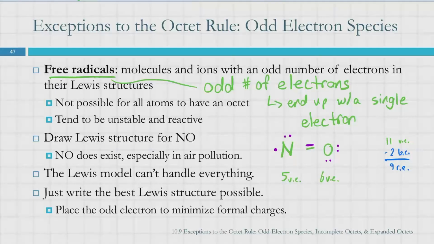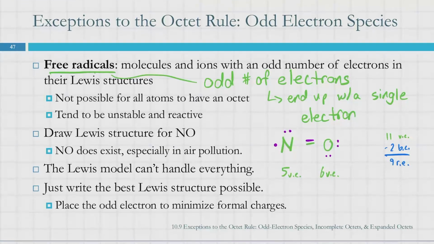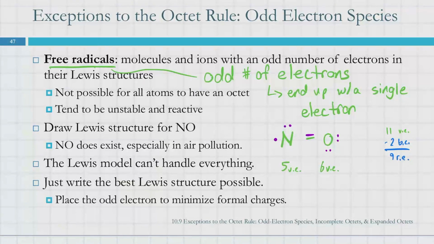So we just have to do which version is best based on formal charges, because we could also equally have the lone electron on oxygen. Formal charges would help us decide which of these is correct.